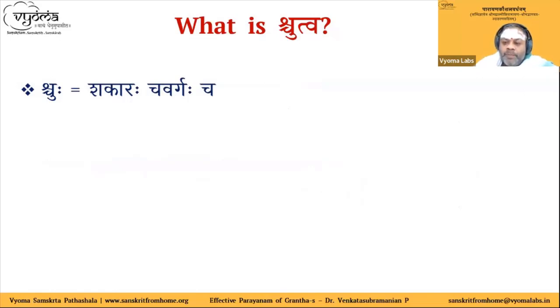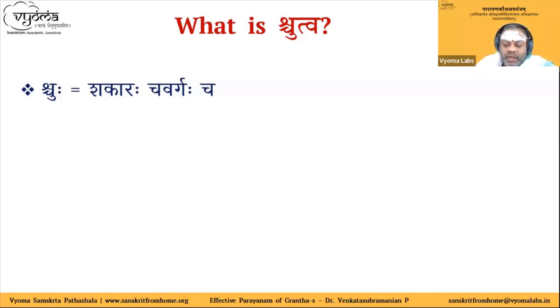What does this Shchu represent? Shchu represents 2 sets of letters. The first letter it represents is Talavya Shakara, and the other thing that it represents is Chu, which is Chavarga. Chavarga means the letters in the Vargiya Vyanjana Cha, Chha, Ja, Jha, Nya.